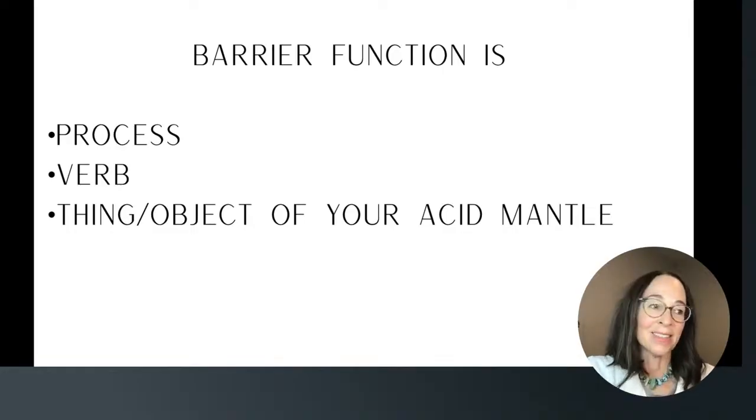And so I think this is where some of the confusion lies: we do all these things to disrupt our barrier and destroy it and literally scrape it off, but then somehow it's all okay because we put a barrier cream on afterwards. And yes, it's a step in the right direction.